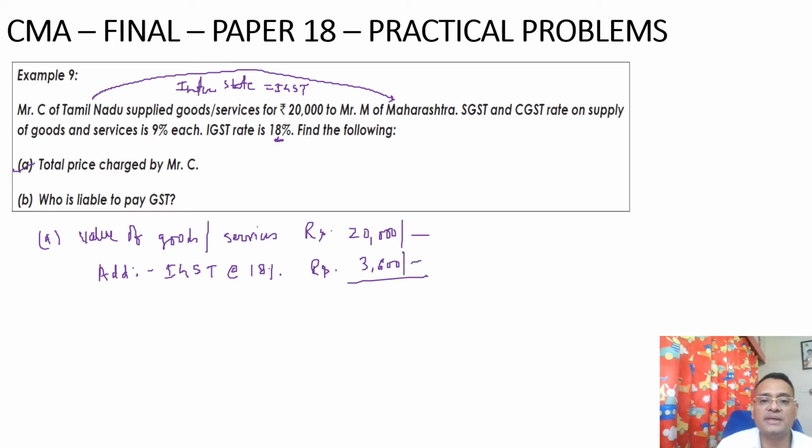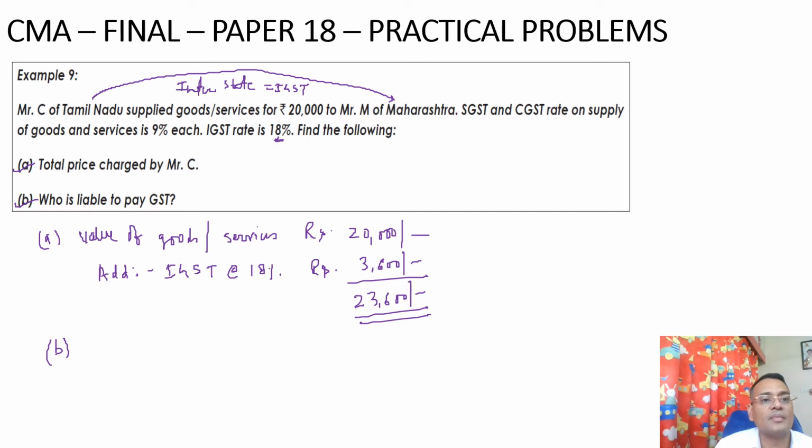And now total price charged by C would be 23,600 rupees. So now this will be the total price charged by C to M.